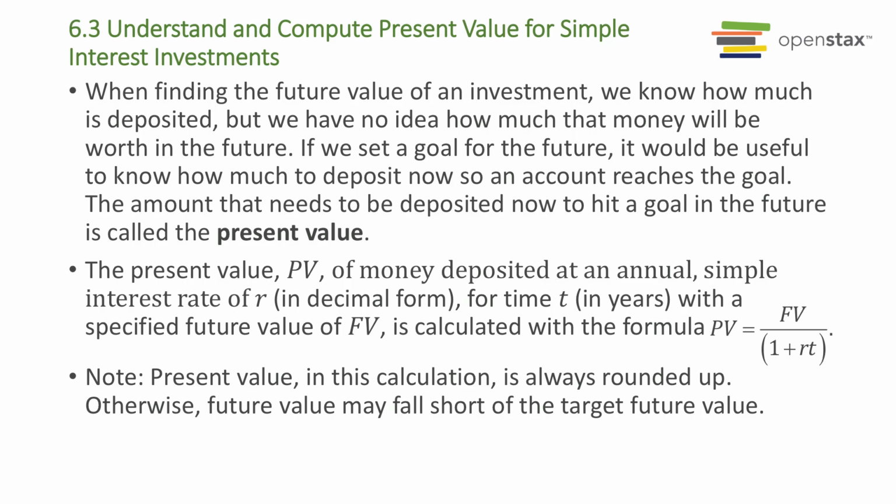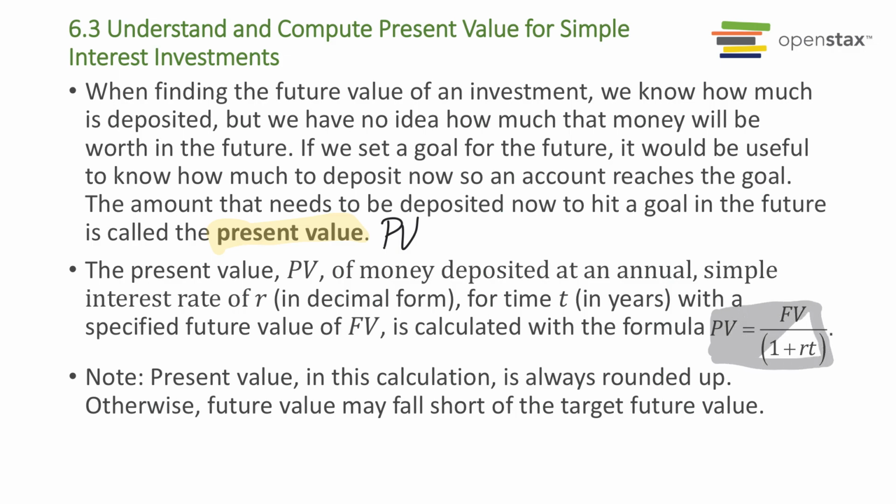And so that amount that you would need today, we call the present value, or PV, capital P, capital V, and that is calculated with what we call a back of the envelope calculation. It's not exact.